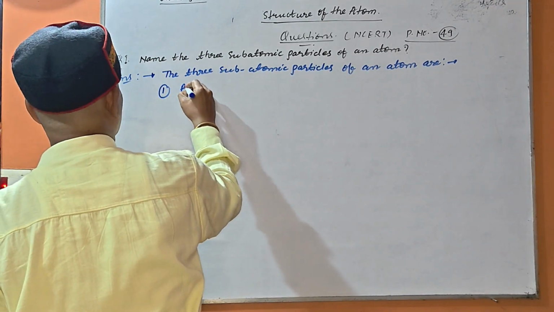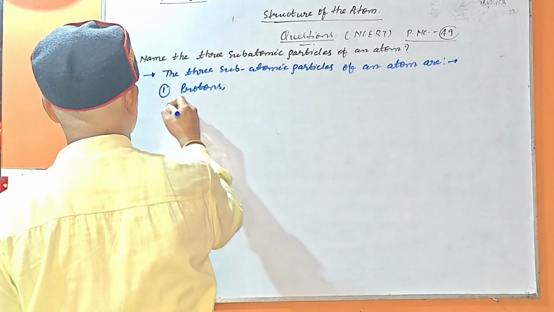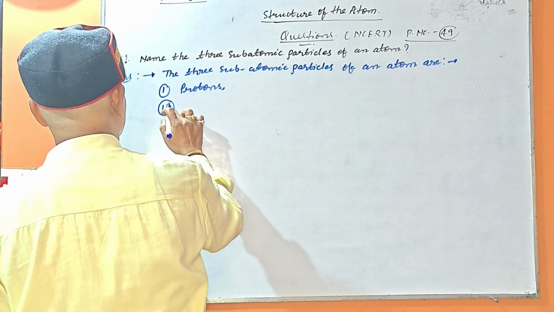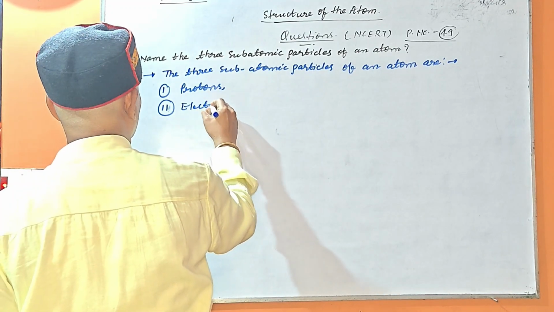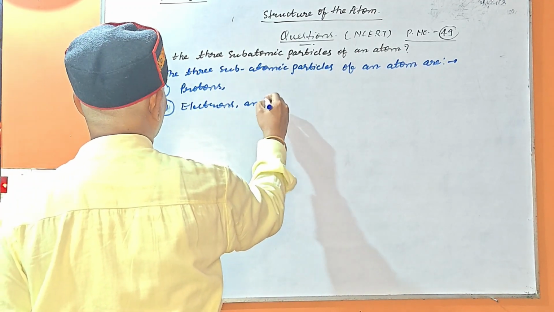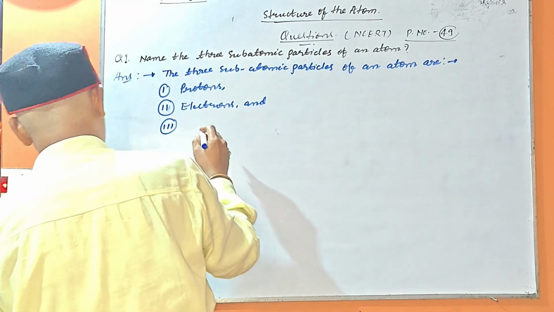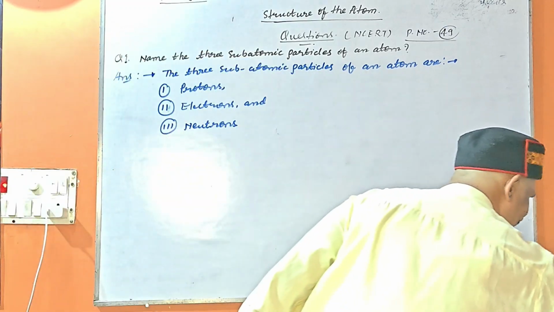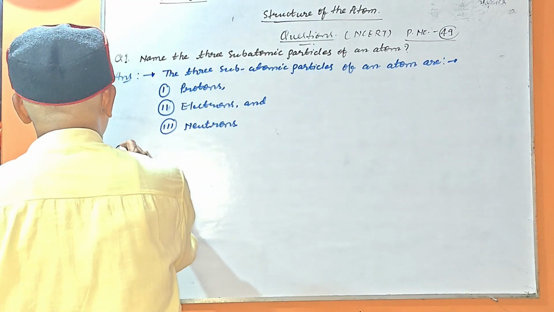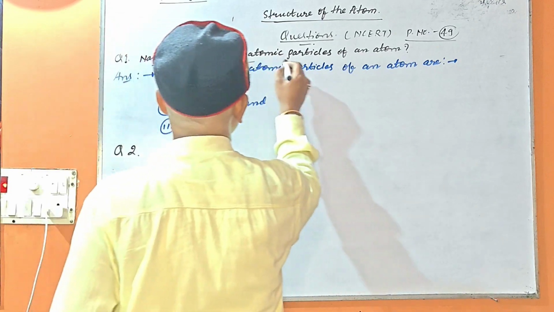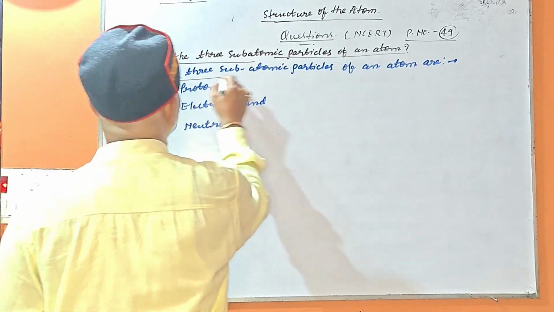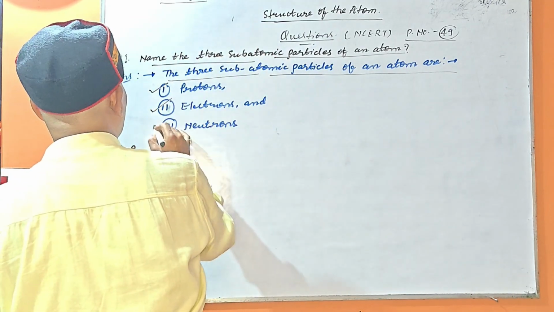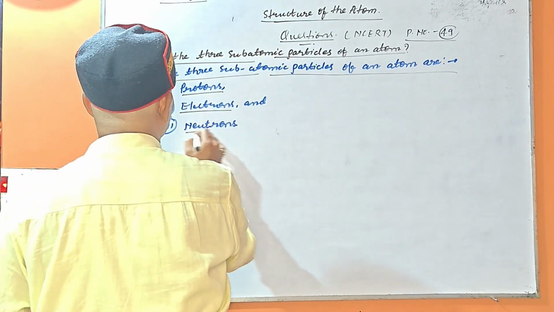Proton is positive, so we write protons first, second is electrons, and third is neutrons. The next question we are going to discuss is question number 2.